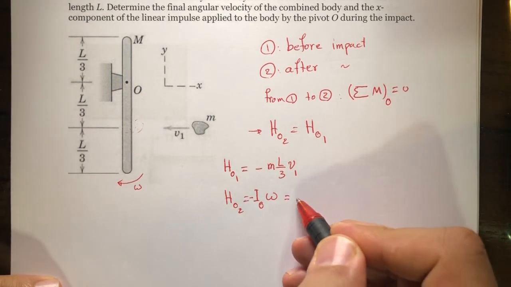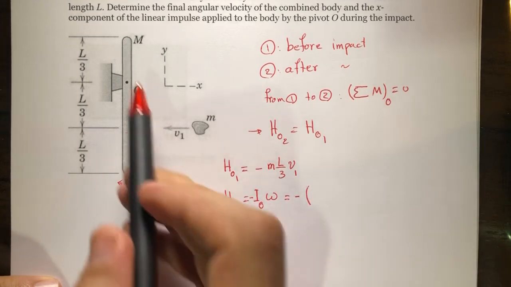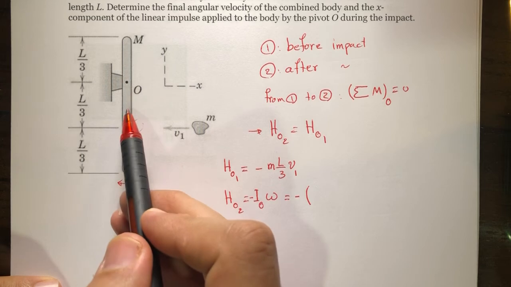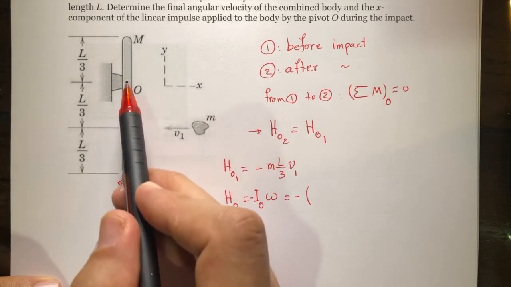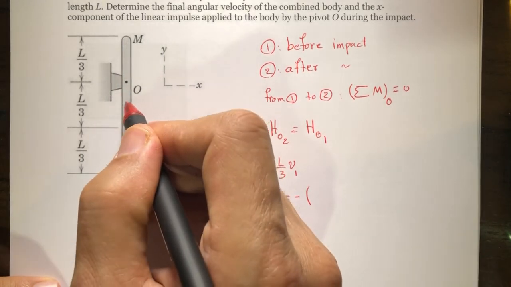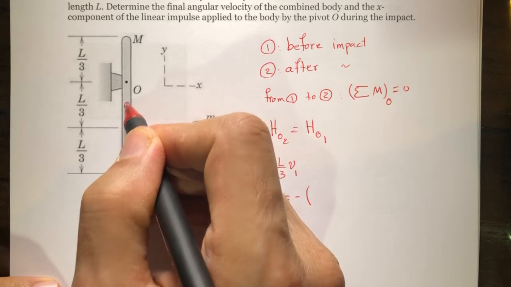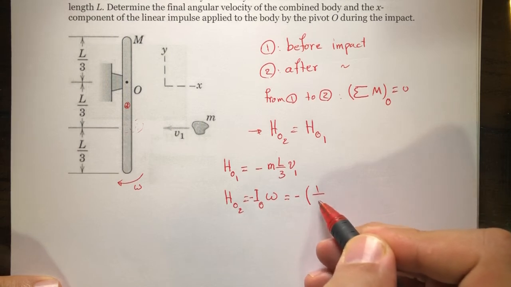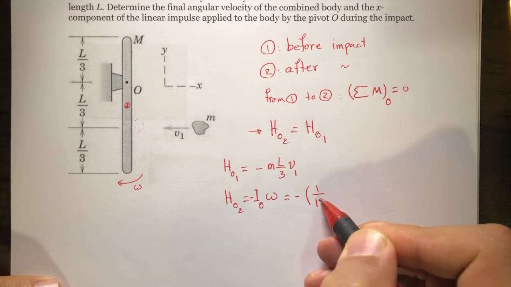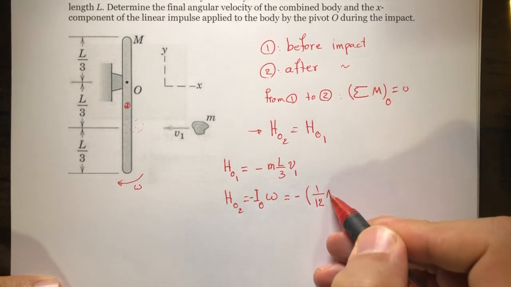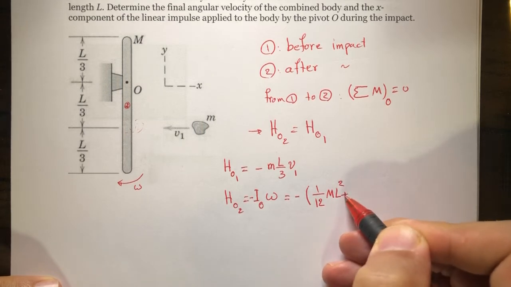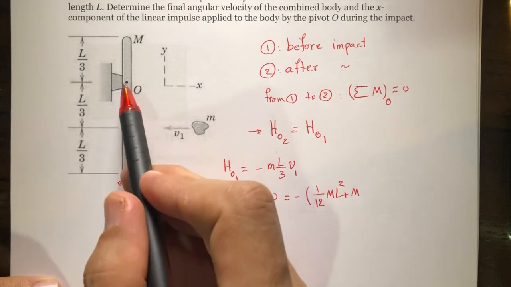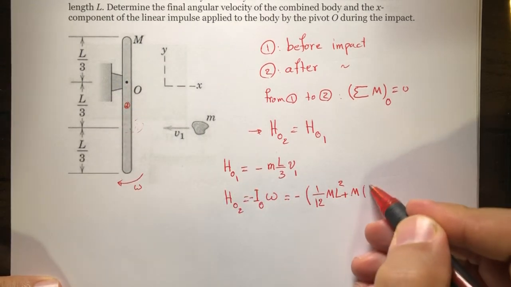And IO, for the bar, is going to be 1 over 12 mass times L squared plus m times the distance squared, right? So the centroid of the bar, let's say it is here. The mass moment of inertia for the bar about its centroid is 1 divided by 12 mass times L squared. Using the parallel axis theorem, we need to multiply the mass by the distance squared, which is L divided by 6.